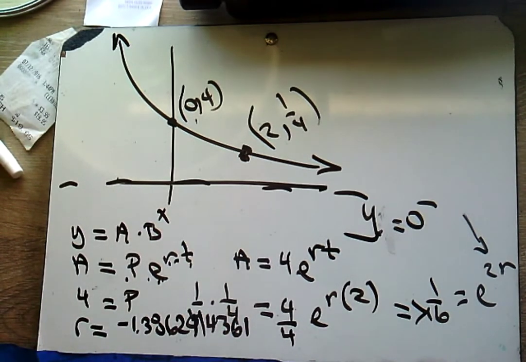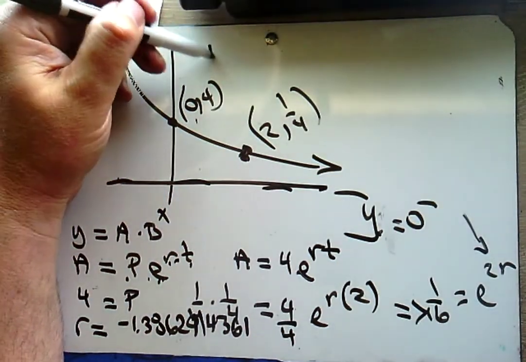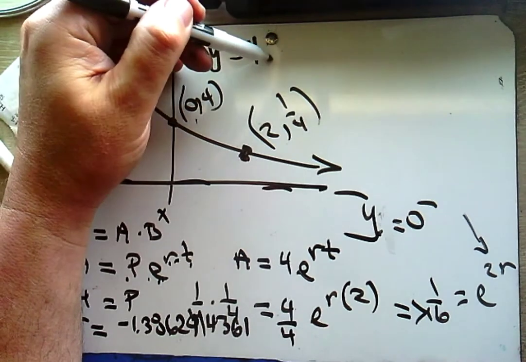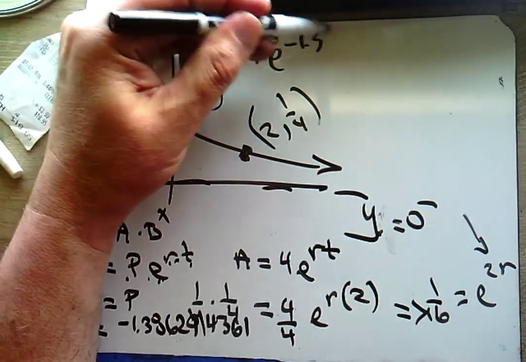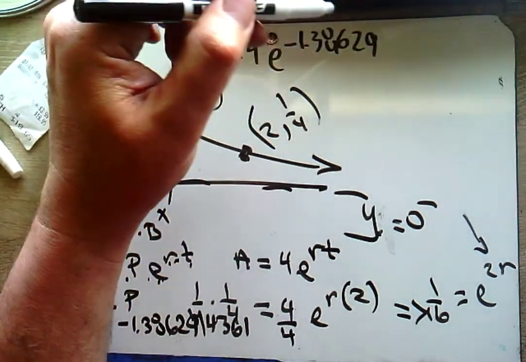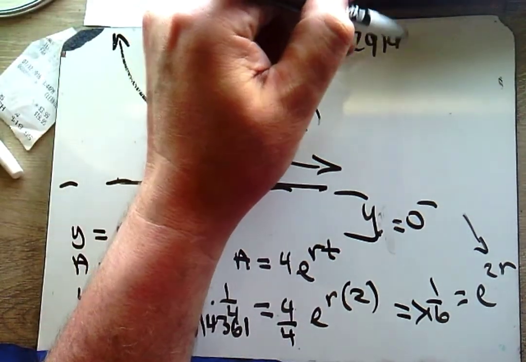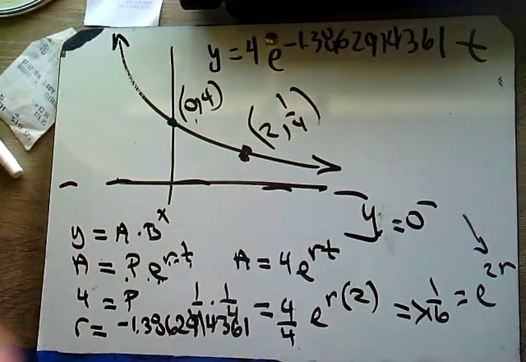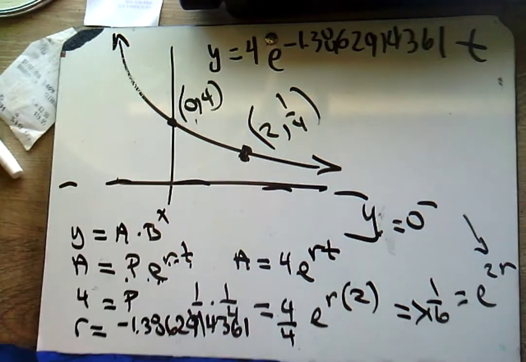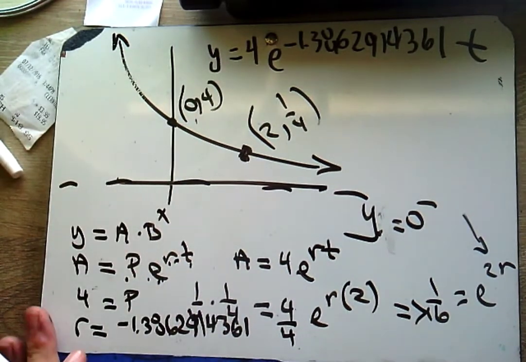And so now I feel like I can build my model. My model is going to be y equals 4 e to the negative 1.3862944361 t. Ta-da! There's my model. That's if I'm using Pert.